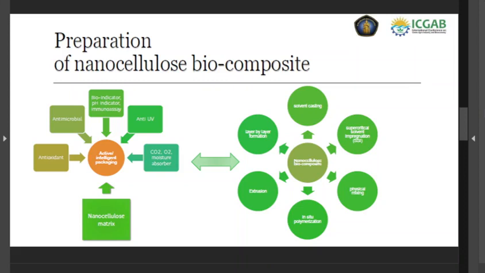We have two different methods. The first is ex situ impregnation, and then the second is the bottom-up build method. Nanocellulose can also act as a carrier of active agent and have a role in the active or intelligent packaging.